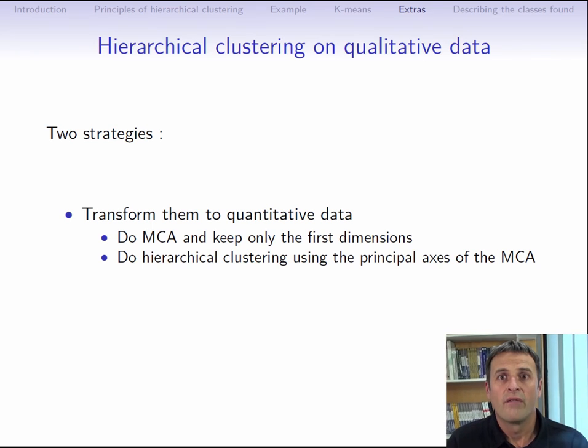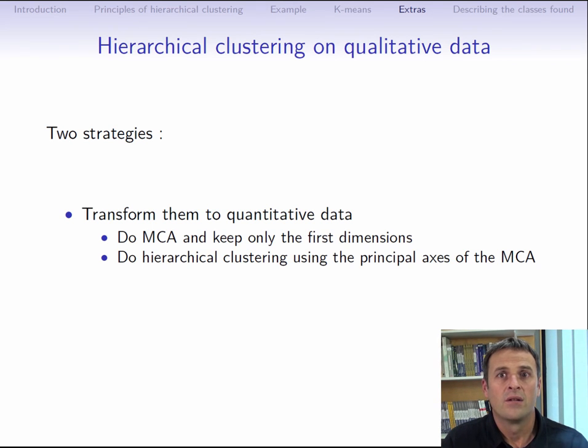Up till now, we have only treated the case where the variables are quantitative. What can we do if we have qualitative variables? Well, there are two well-known strategies. In the first, we can transform them into quantitative variables using multiple correspondence analysis. MCA can help us move from a table of qualitative variables to one of coordinates of individuals over several dimensions.